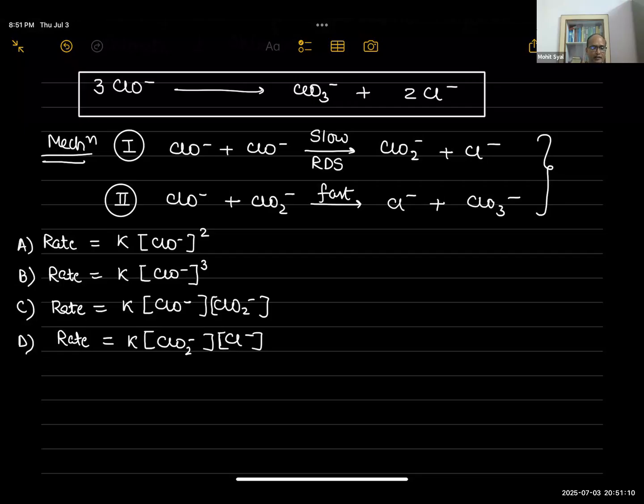Yeah, Aisha, correct. And it is because it is matching with the RDS. Got it? Is it clear? So if it is matching with the RDS, then you can write it directly. Okay.